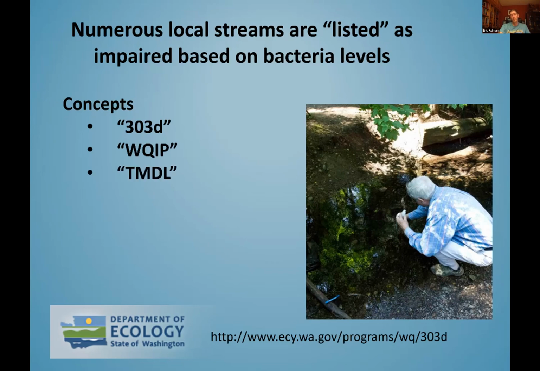As part of that water quality improvement plan, they establish maximum levels that they don't want to find. They want to find levels of whatever the contaminant is below that level. A water body can be listed for bacteriological contamination, chemical contamination, low dissolved oxygen, or high temperature.